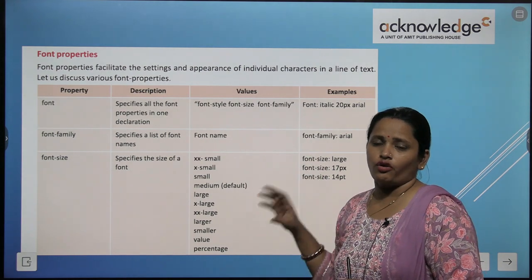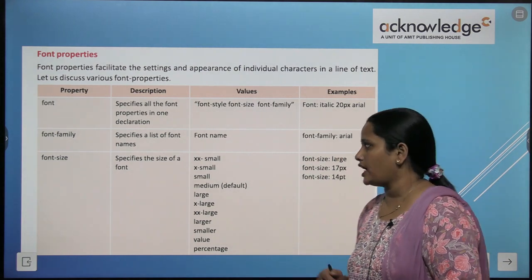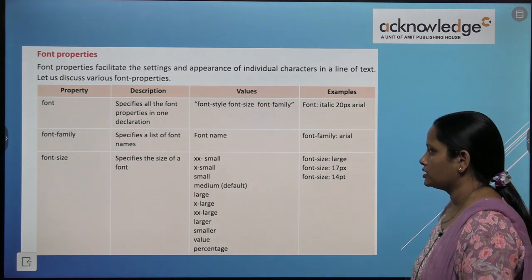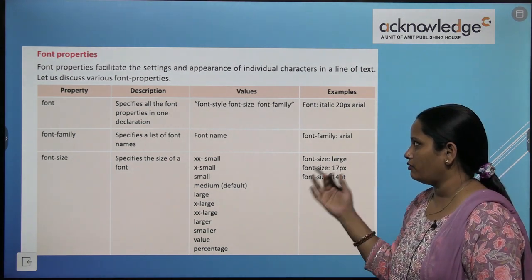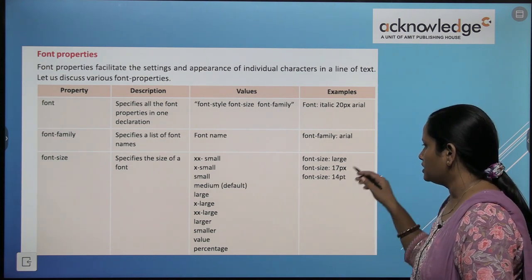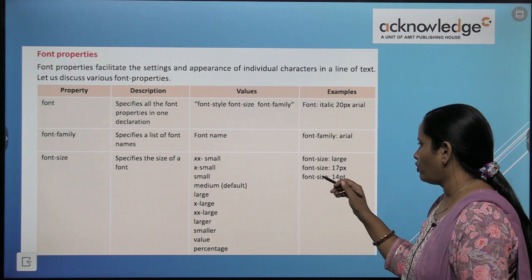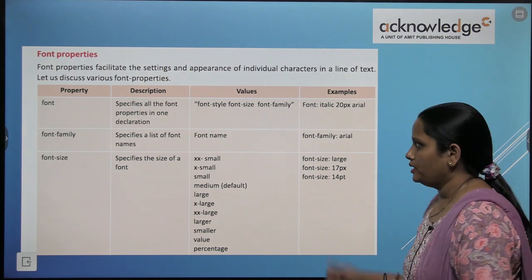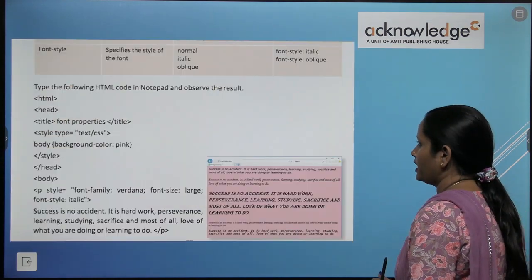So in which font size we are going to write, it specifies that there are many sizes given here. We can choose from this, and these are the values given. Now in the example we can see font size. Large we have selected, font size we have selected 17px and 14px. So these are the font sizes.